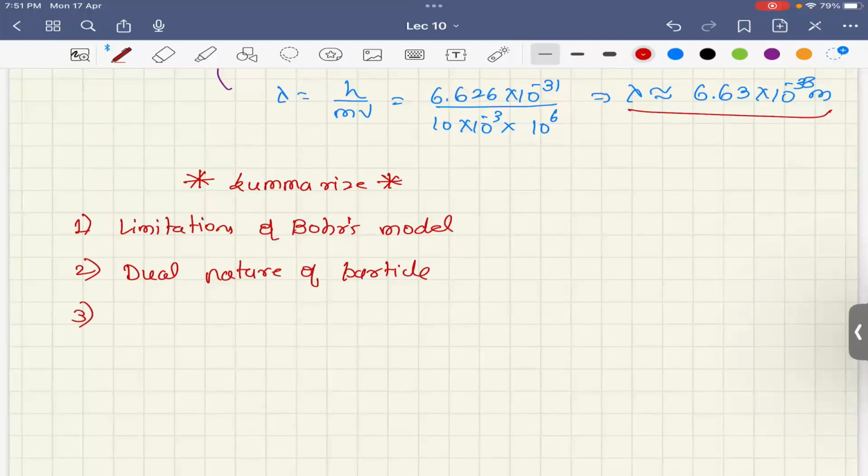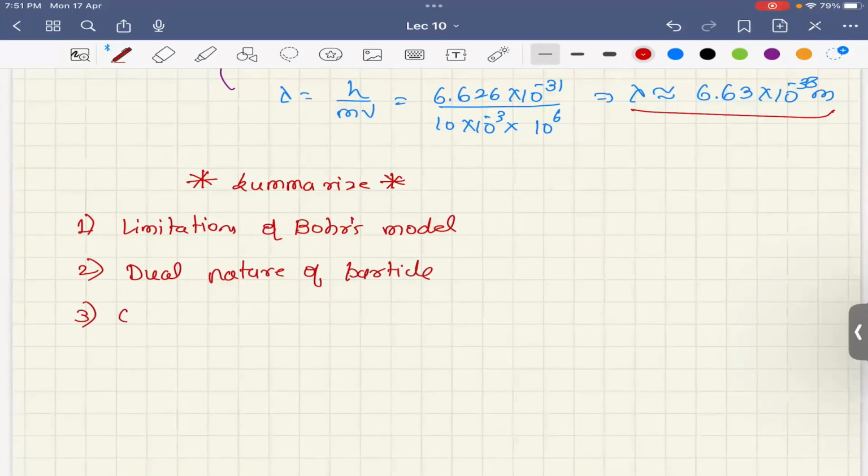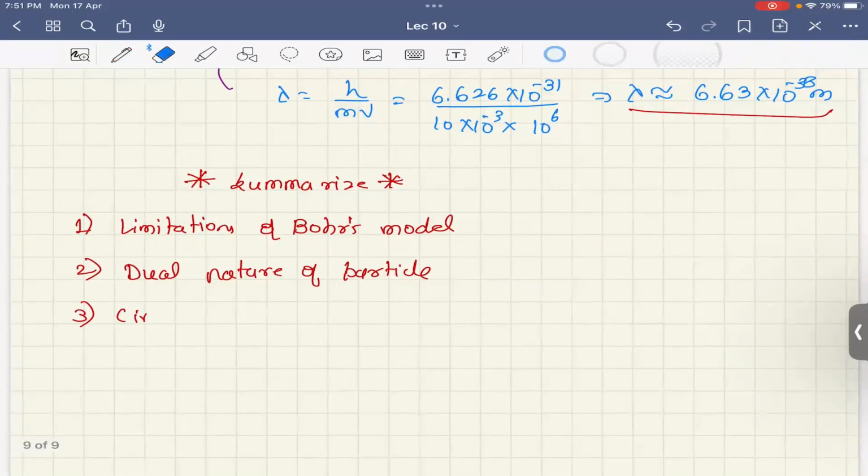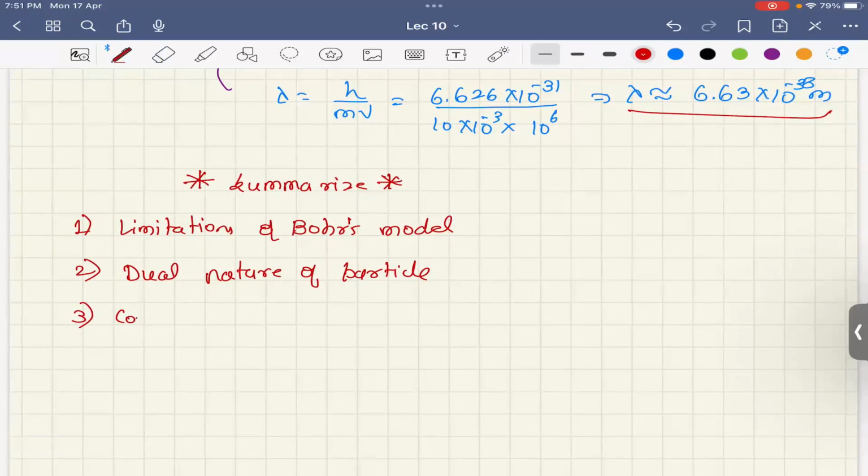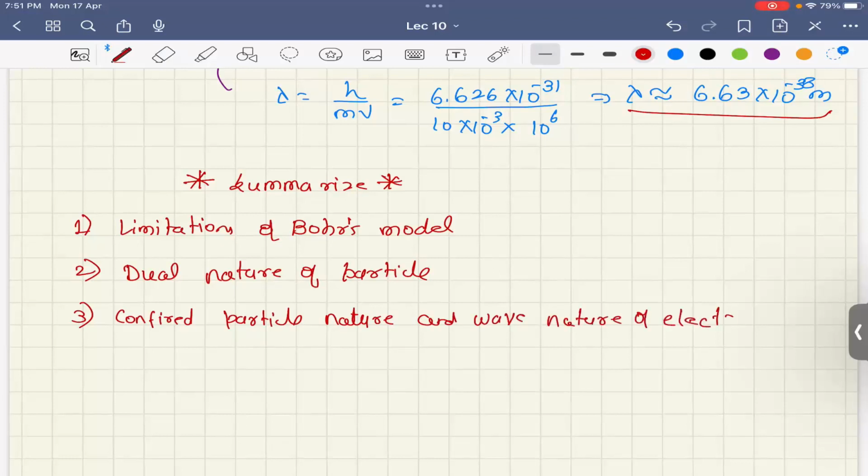In this, we have confirmed the particle nature and wave nature of electron using the Davisson and Germer experiments, right?